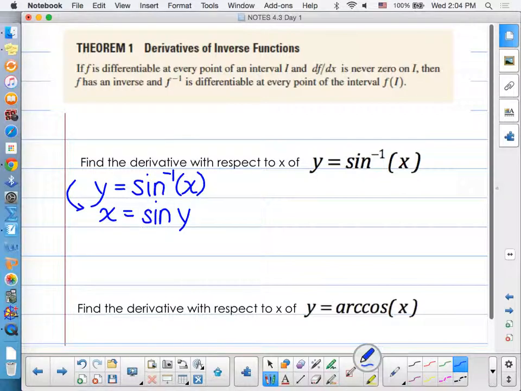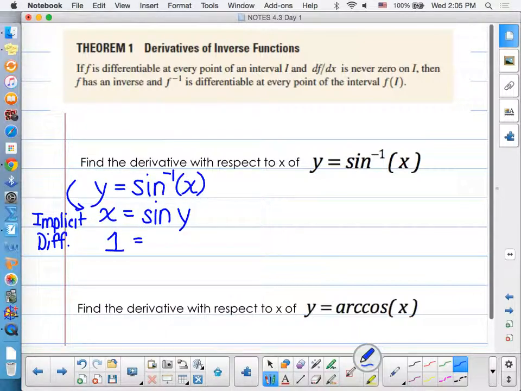I'm going to use implicit differentiation since I've got two sides of this. So by implicit differentiation, the left-hand side is really easy. The derivative of the left-hand side is 1.